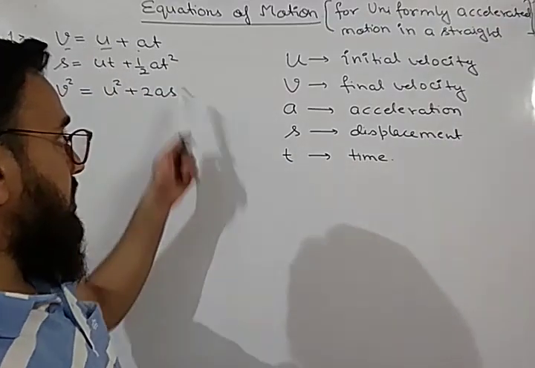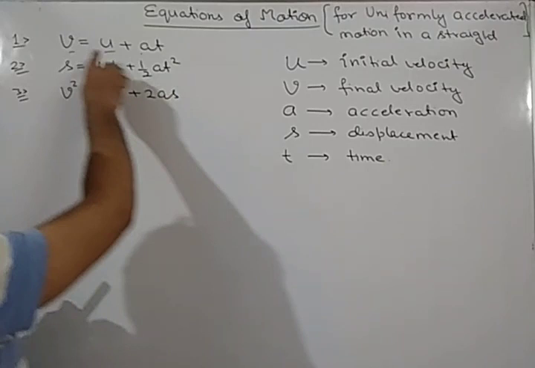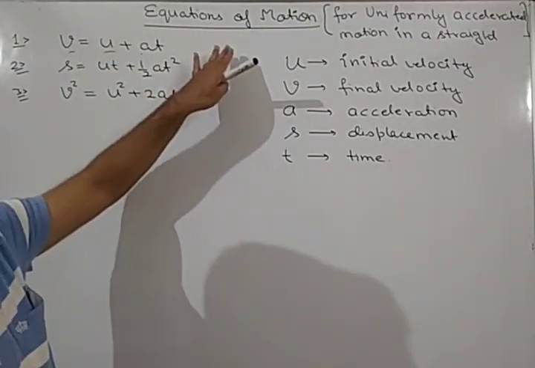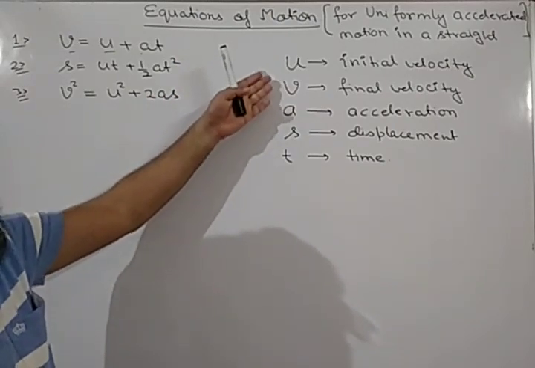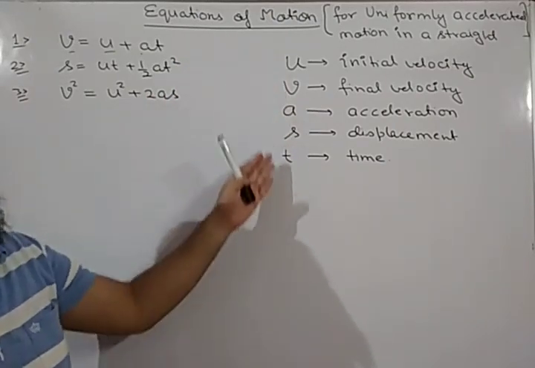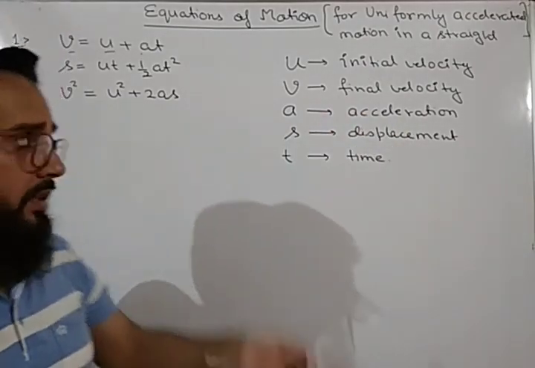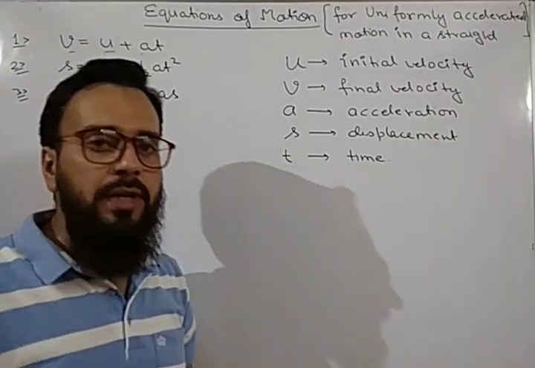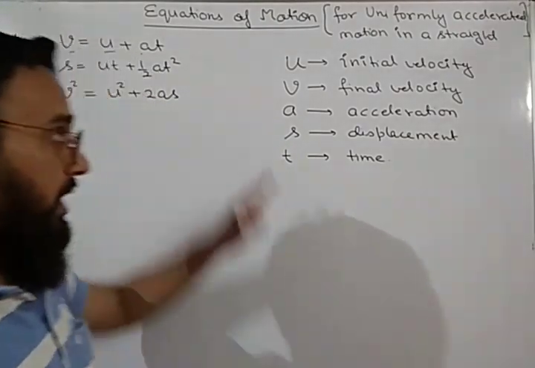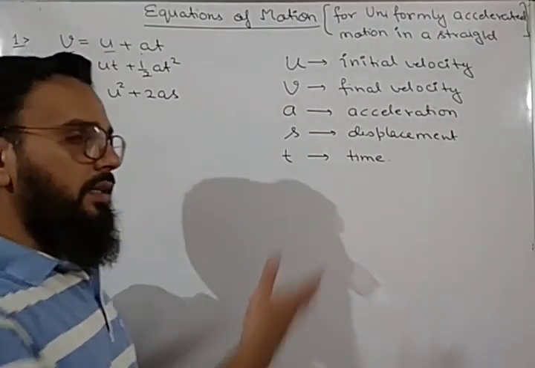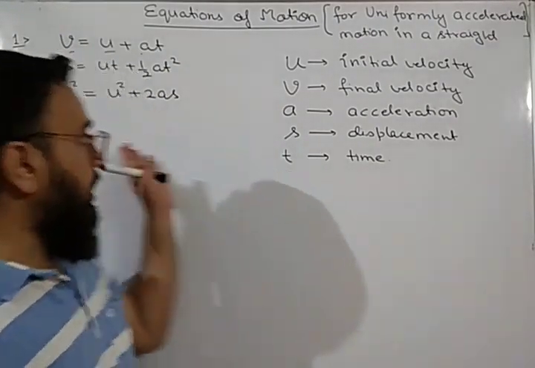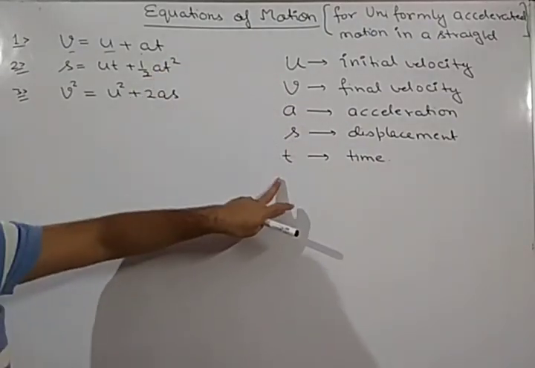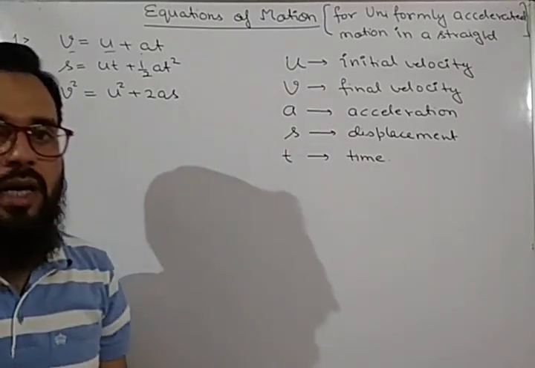So these three equations depend on these 5 variables, and there are some relations between all these variables. What is the need of these equations of motion? Whenever we are given any 3 or any 4 of these terms, and we have to find the 4th or 5th term, then we can find it by using these equations of motion. It will depend which equation of motion we will use. From where do these equations come into existence? Let us start the derivation. First note down these equations and these particular terms, so that you will be able to understand what these terms are. Then after that we are going to start the derivation.